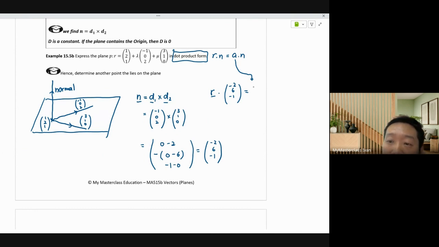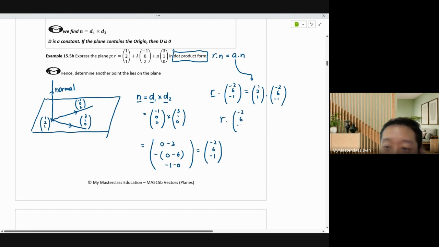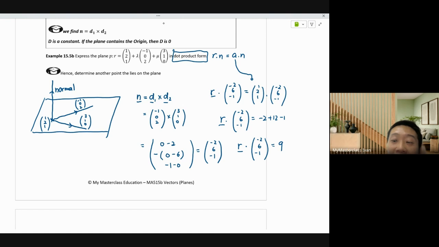Can, because that is a point. 1, 2, 1 dot negative 2, 6, minus 1. So the answer is R dot minus 2, 6, minus 1 equals to, let's dot this, minus 2 plus 12 minus 1. So I will have R dot minus 2, 6, minus 1 equals to 9. That's the dot product form. That's another form of writing the plane. And whenever you see R dot something, this one is called the normal.